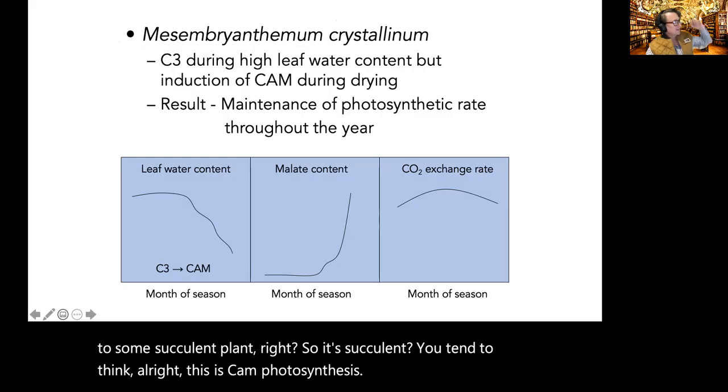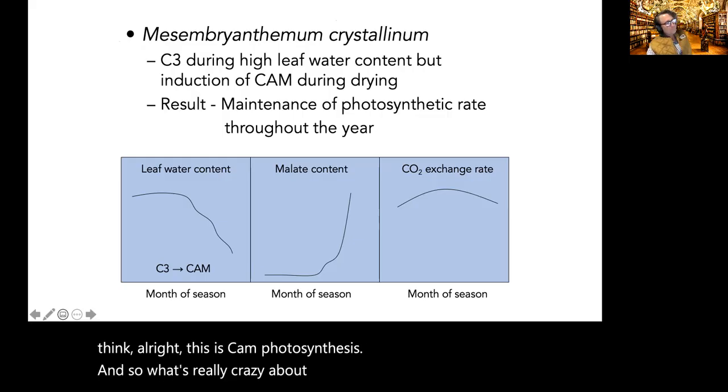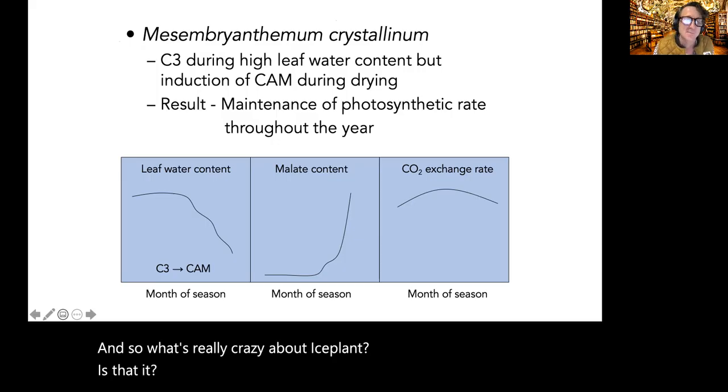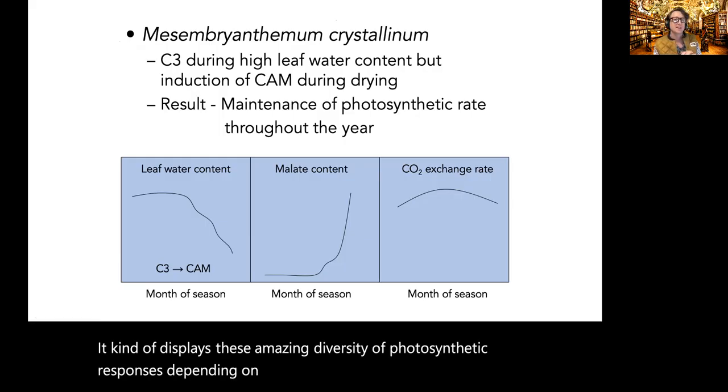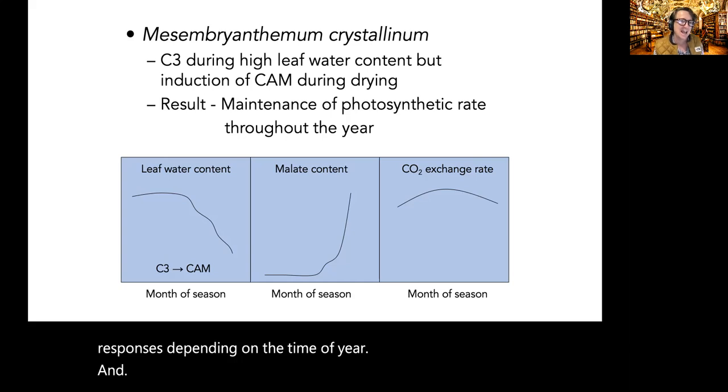And what's really crazy about ice plant is that it displays this amazing diversity of photosynthetic responses depending on the time of year. In general, it actually starts to act like a C3 plant and does C3 photosynthesis at certain times, okay?